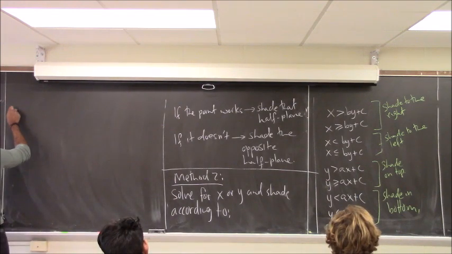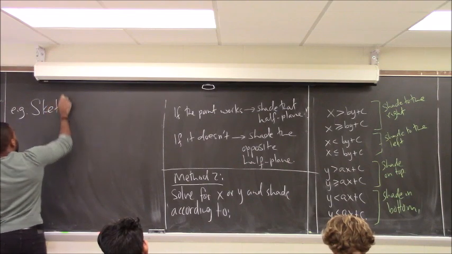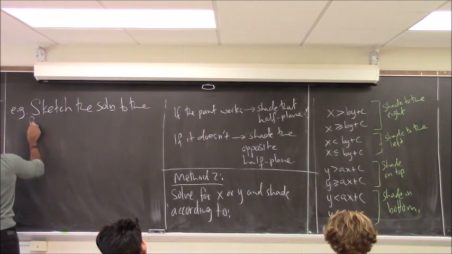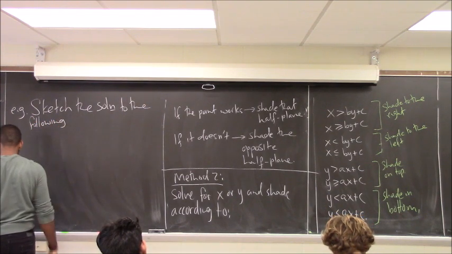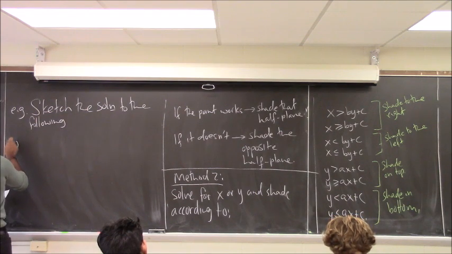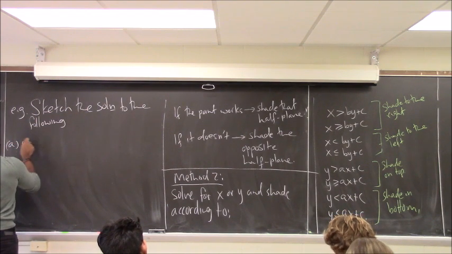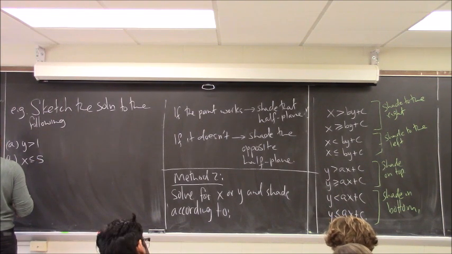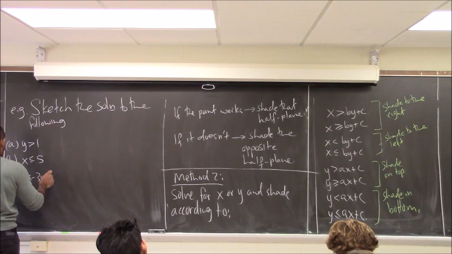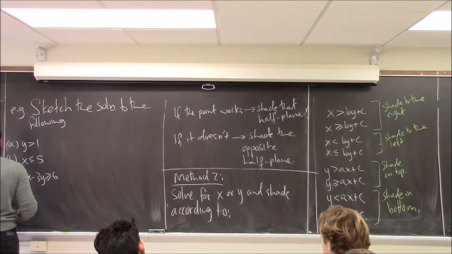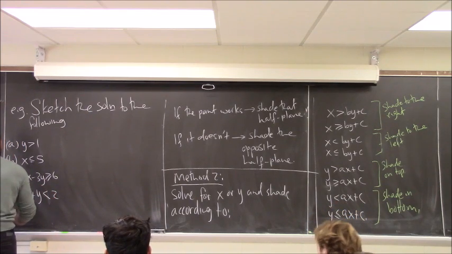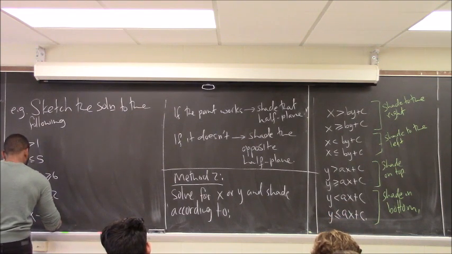Sketch the solution to the following. Let's say y greater than 1. x less than or equal to 5. 3y greater than 6. x plus y less than 2. x minus 5 greater than 0.